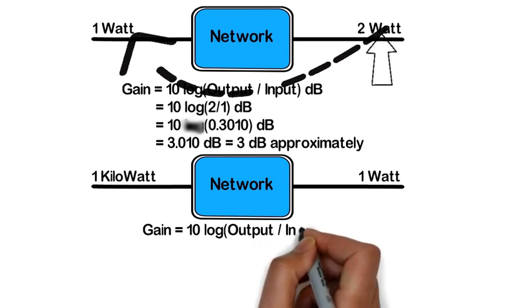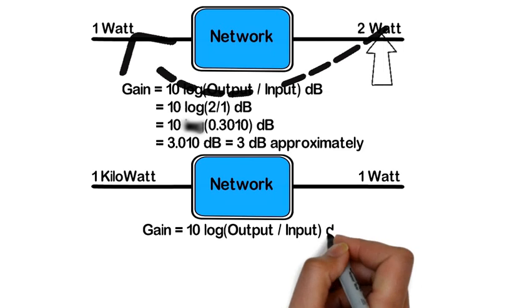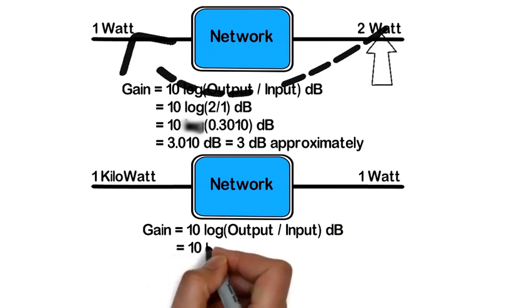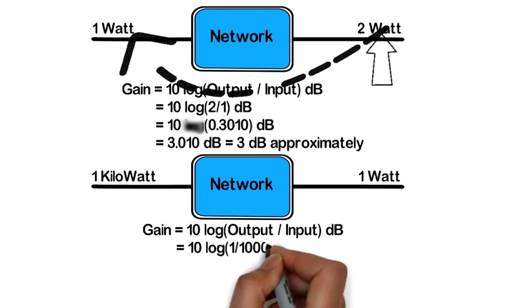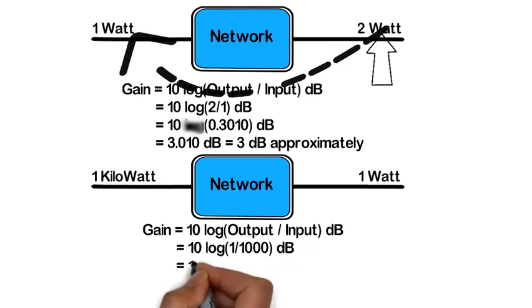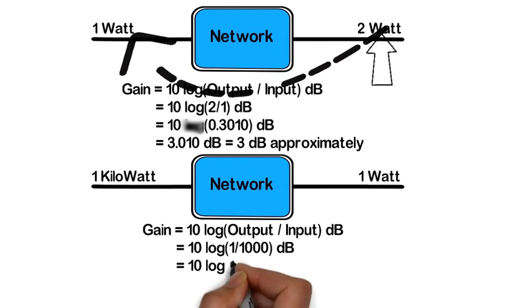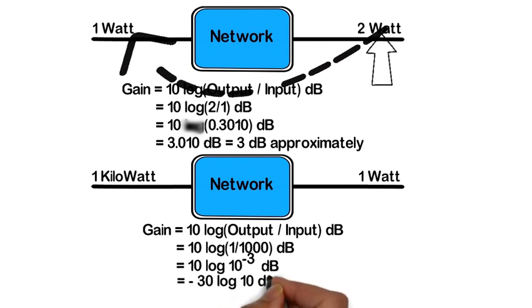So 1 watt is divided by 1 kilowatt, converted in terms of watts will give us 1000 watt. So the calculation is 10 log 10 to the power minus 3 dB, which comes out to be minus 30 dB. Minus sign indicates that the network has undergone loss.